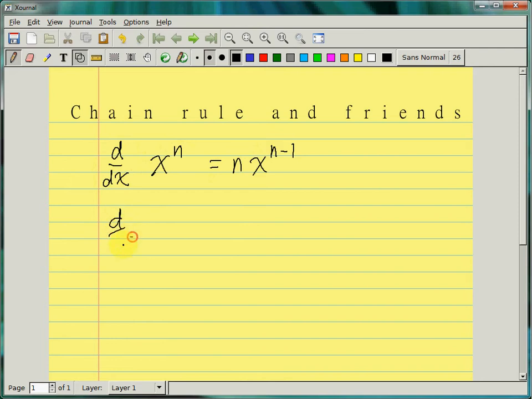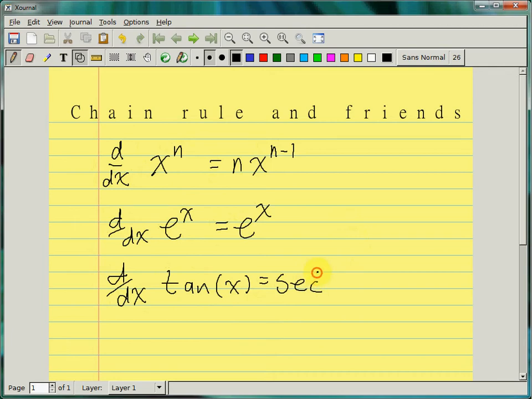And we also know the derivative of e to the x is just e to the x. And a few other basic things, like you might know the derivative of log. You probably know the derivative of cosine and sine, the trig functions. So for instance, the derivative of tangent is secant squared, and so forth.